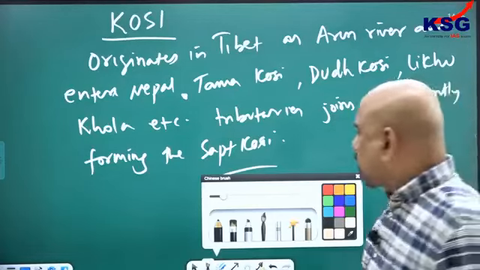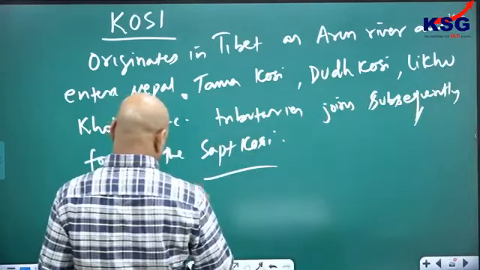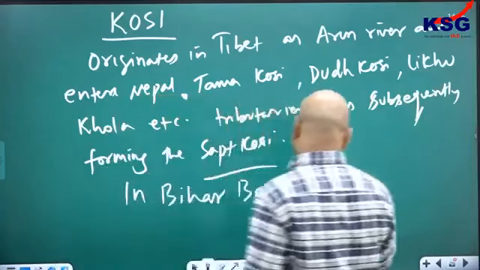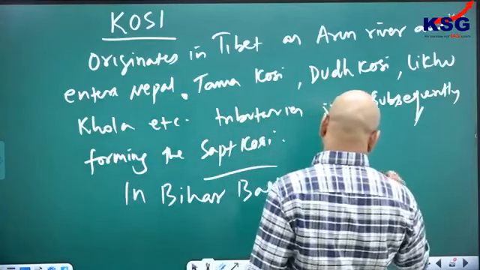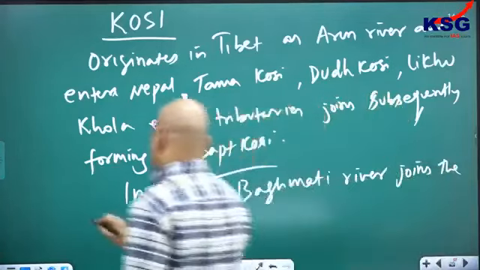Bagmati is a very important river in Bihar. Bagmati river joins the Koshi.